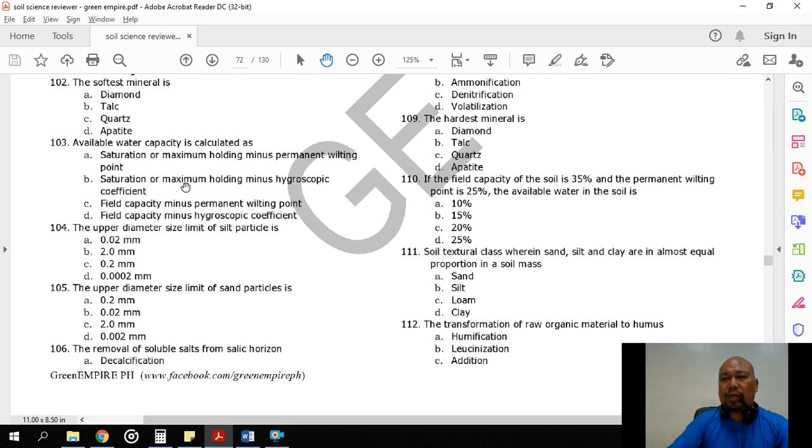Number 2, saturation or maximum holding minus hygroscopic coefficient. No. Field capacity minus permanent wilting point. Yeah, this one. Then field capacity minus hygroscopic coefficient. No. Okay. Available water is that water that can possibly be used by crops.